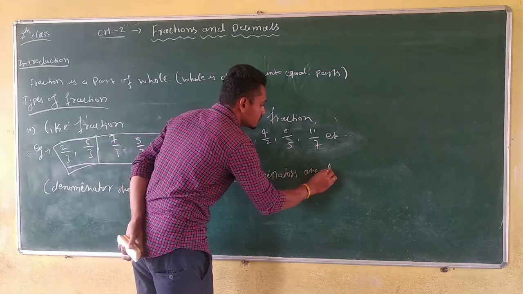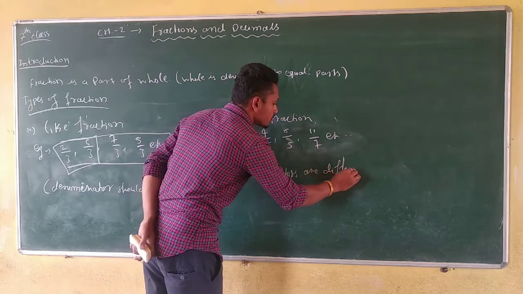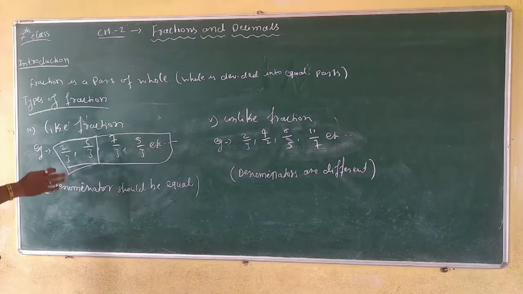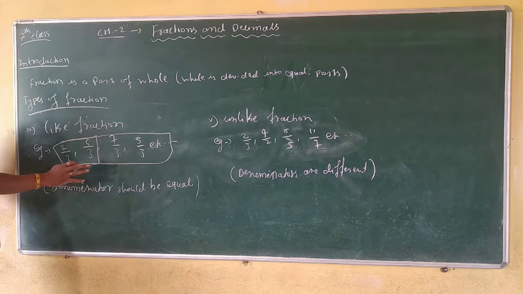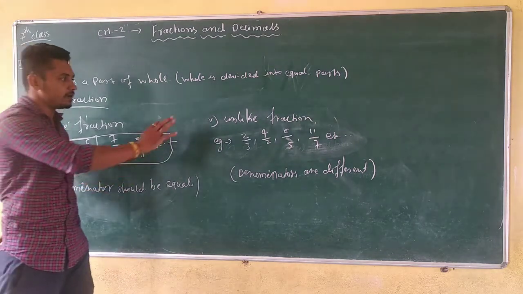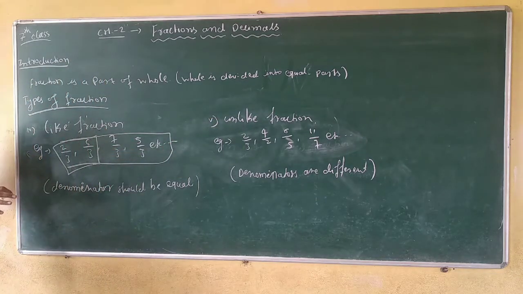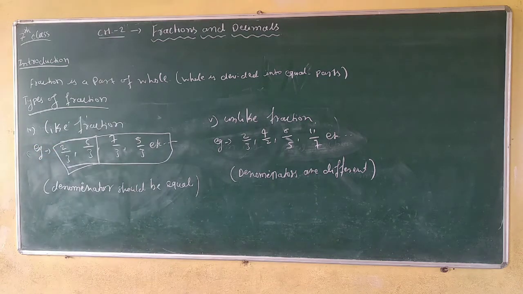So like fractions, denominators should be equal to each other, and unlike fraction, denominators are different from each other. Okay? So please note down this like fraction and unlike fraction.